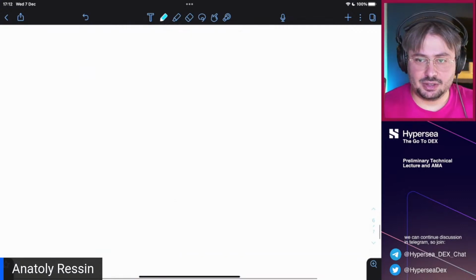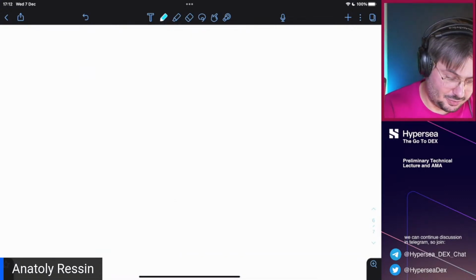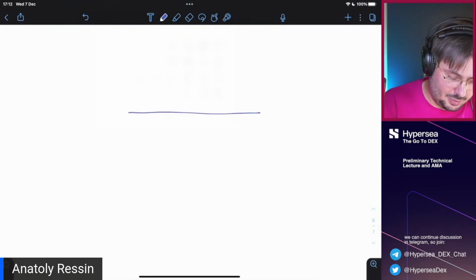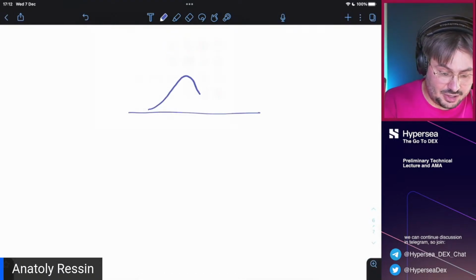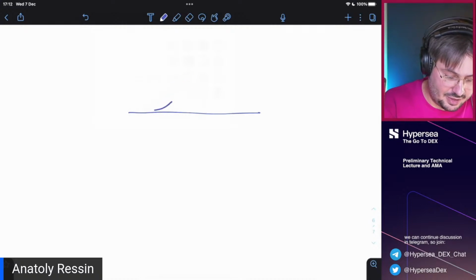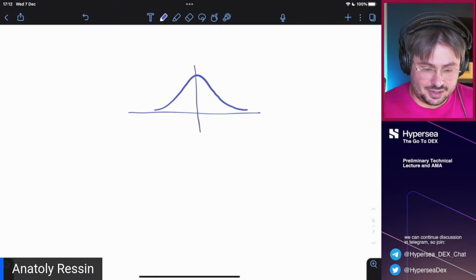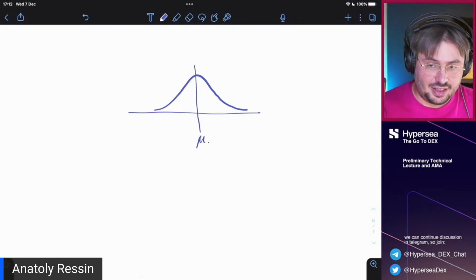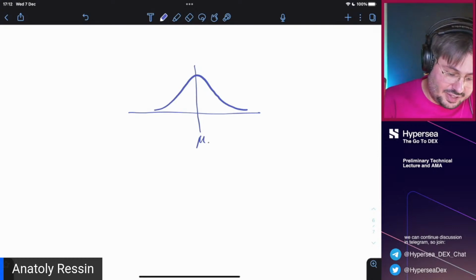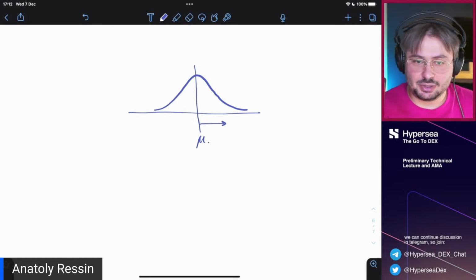And this allows us to follow the price and always reconcentrate liquidity at the correct place. And volatility itself is calculated by us.